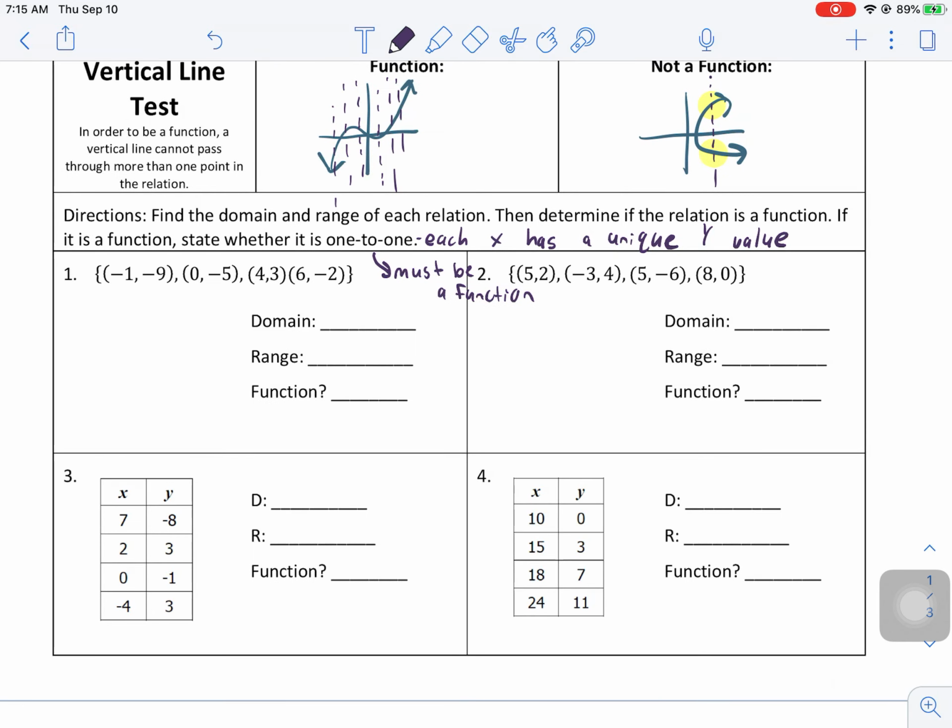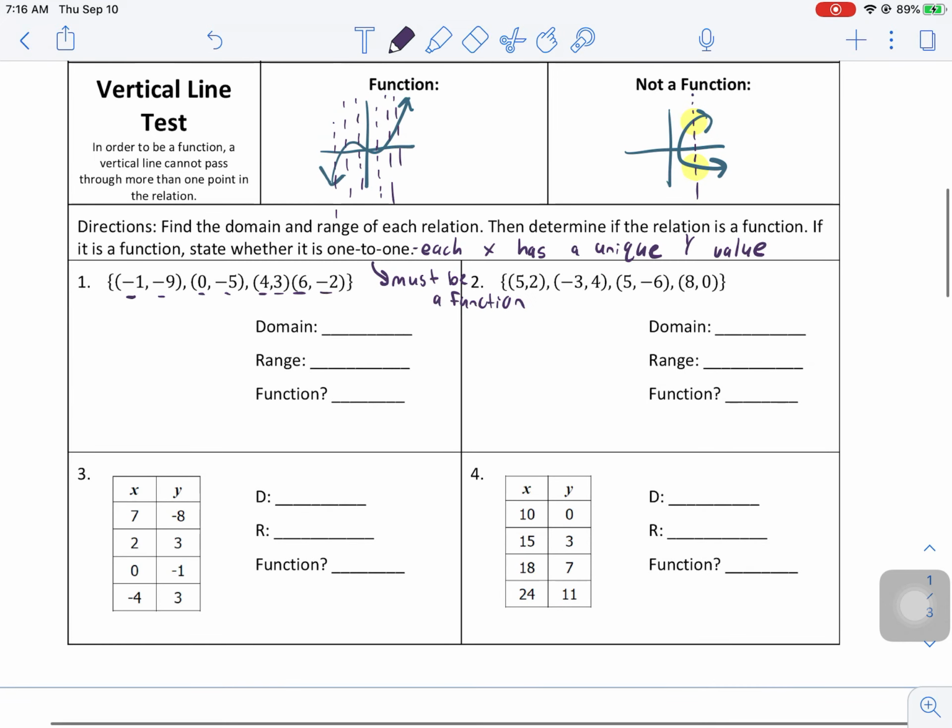So, things that make a function: each value of the domain has exactly one value in the range. So we have -1, 0, 4, and 6, so no x values repeat. We have -9, -5, 3, and -2.